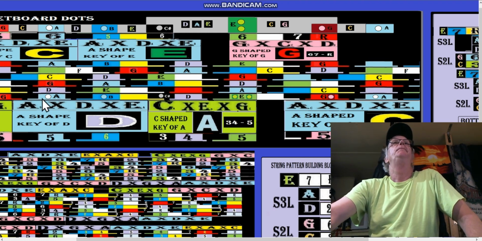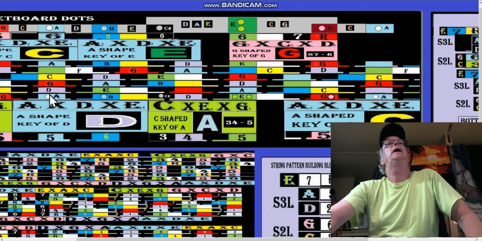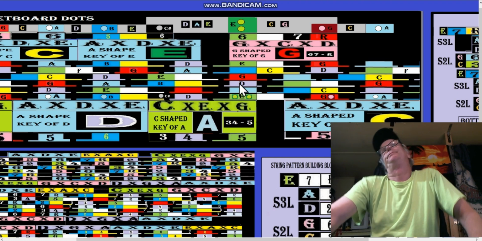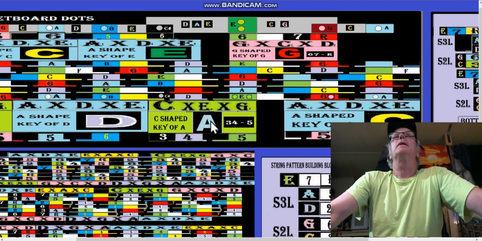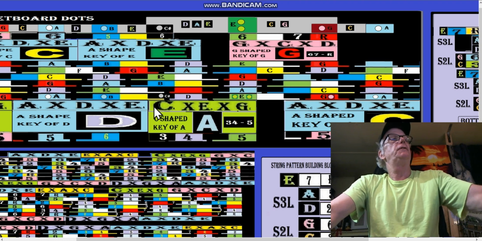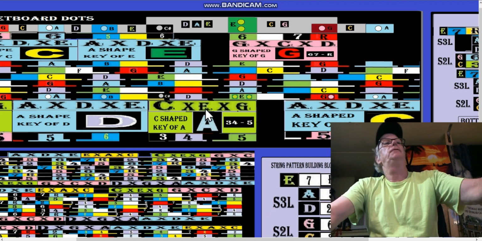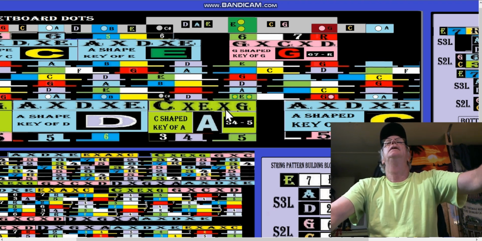So the A, B here in the D shape is colored light blue, as the 5th of D is, and the green is colored because of the E there. So it gives us A, and the 4th of A is D, and the 5th of D is E.